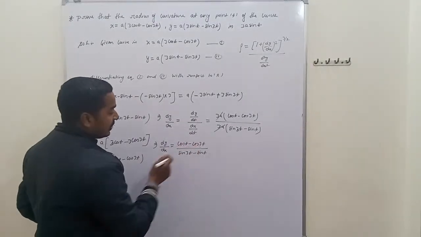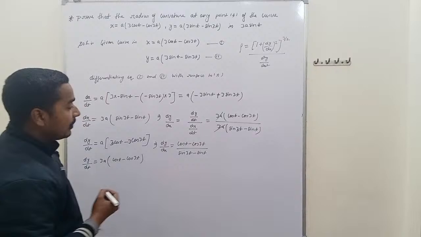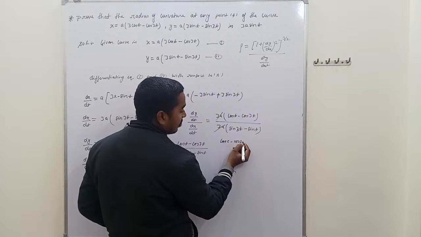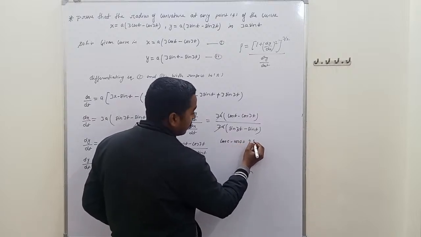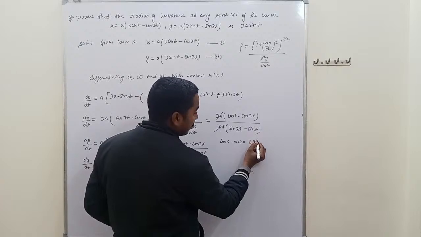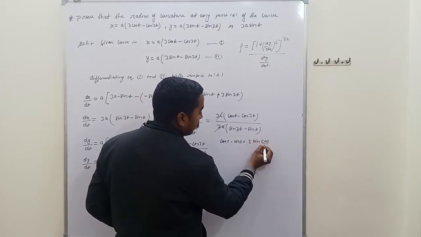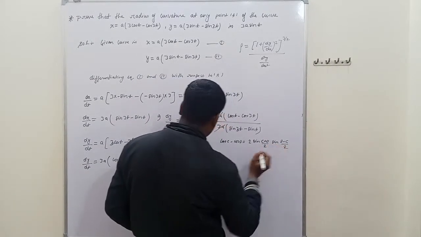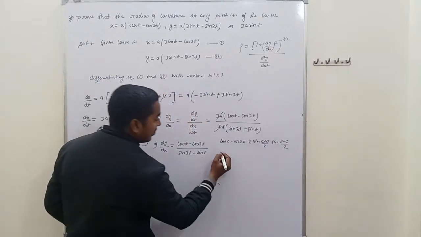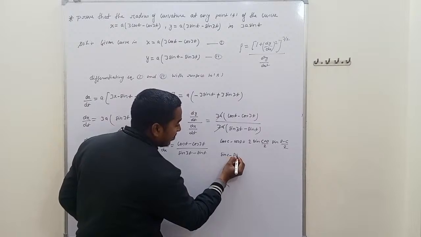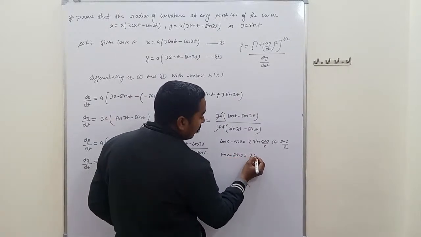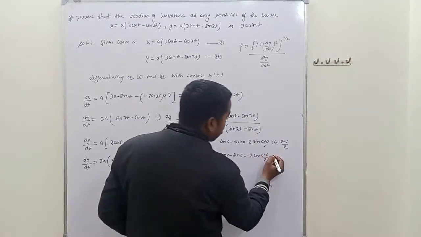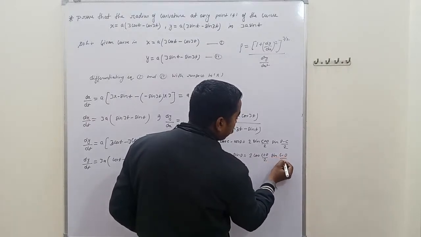We know that cos c minus cos d is written as 2 sin ((c plus d)/2) sin ((d minus c)/2), and sin c minus sin d is written as 2 cos ((c plus d)/2) sin ((c minus d)/2).